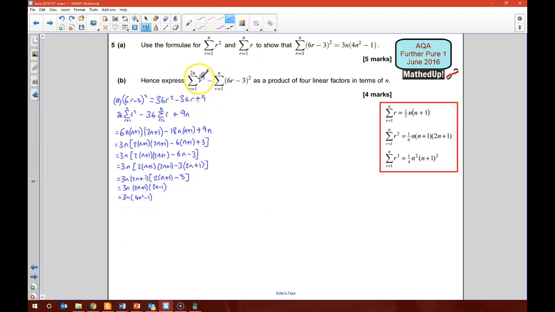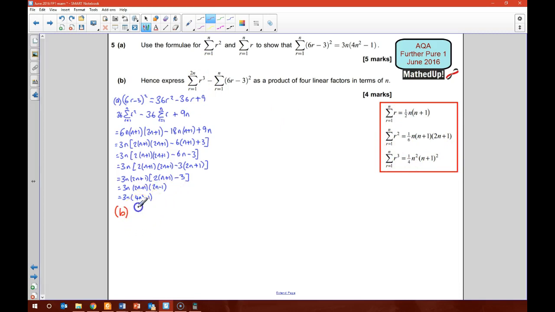Okay, so dealing with this part first, I've got the summation of r cubed. So let's do this in a different colour actually, so we'll go for part B over here. Right, so the summation of r cubed, and this is the formula that I'm going to use over here.